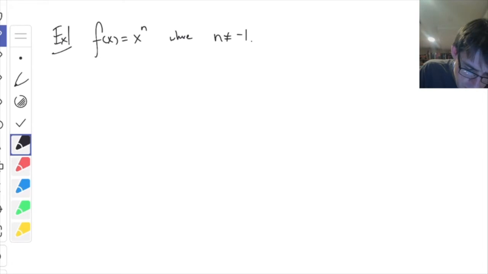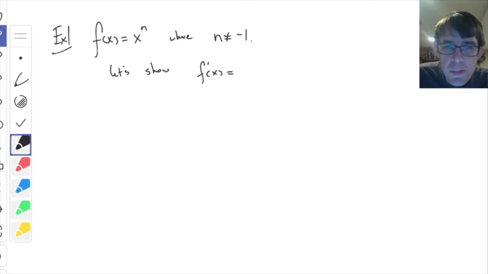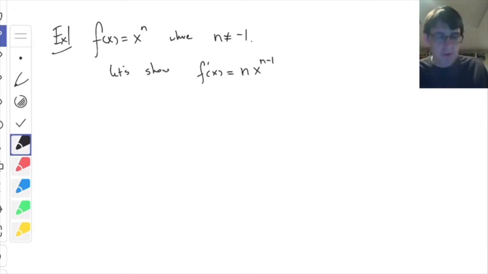Let's show that f prime of x equals, anybody remember? You better remember this. What's the derivative of that? You all remember, but don't want to say it. N times x to the n minus 1. Yes, that's the derivative of x to the power n.